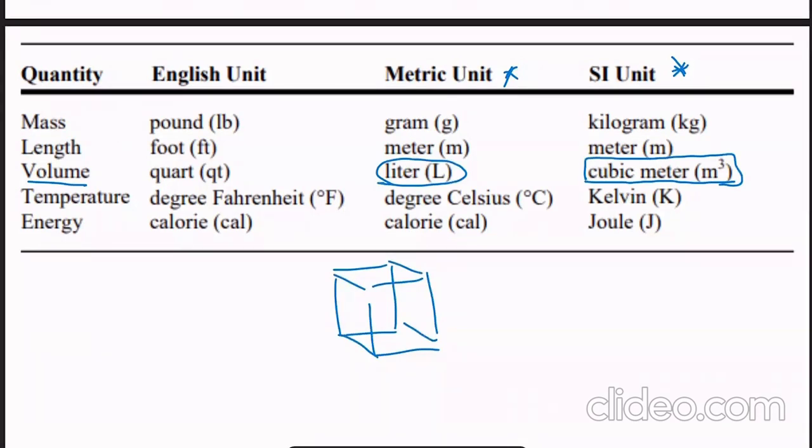A cc is a cubic centimeter, which is based off of our SI unit. So this would be 1 meter by 1 meter by 1 meter. This is where we get meters cubed, and this represents SI volume.